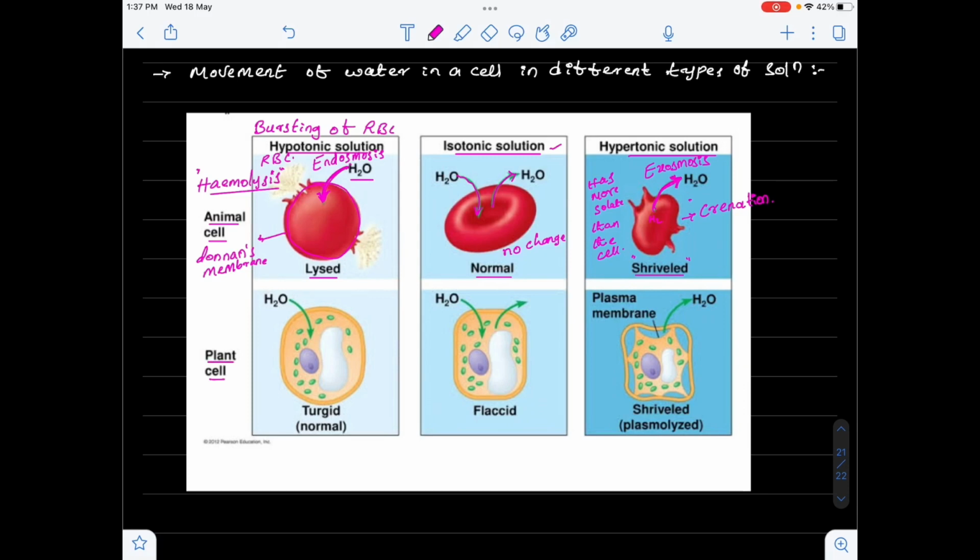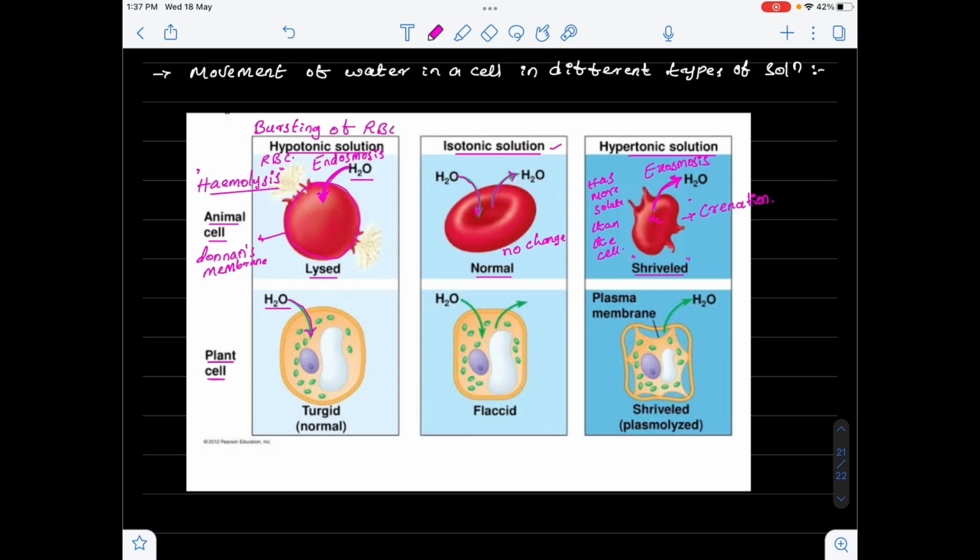Now let us see what happens when a plant cell is placed in these three different types of solutions. When a plant cell is placed in hypotonic solution, we know that in hypotonic solution solvent is more.